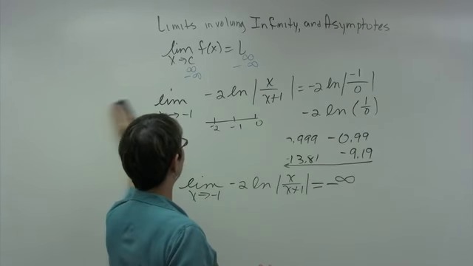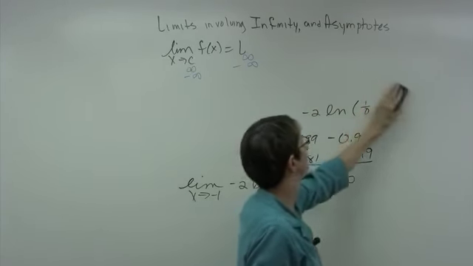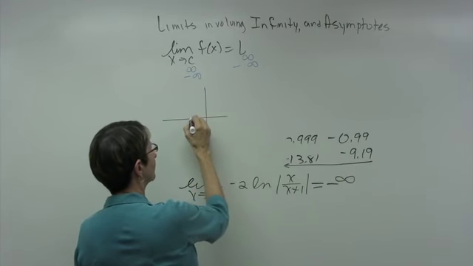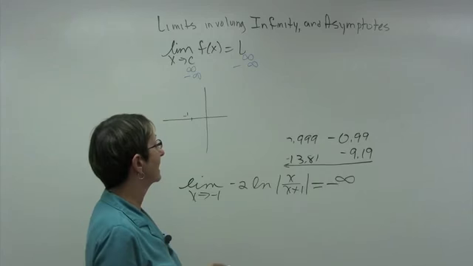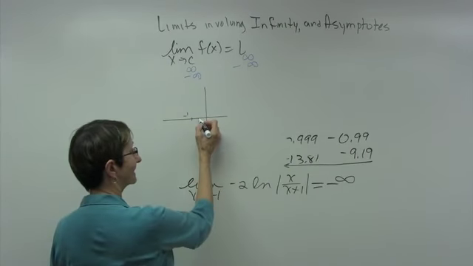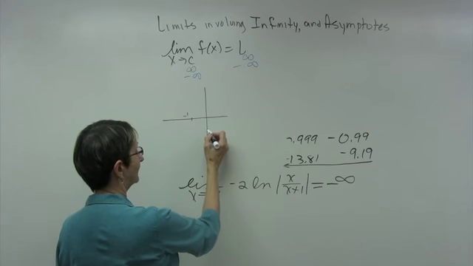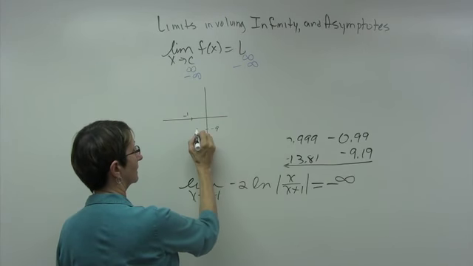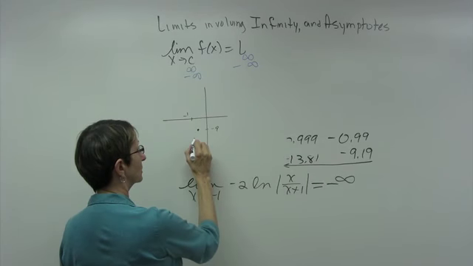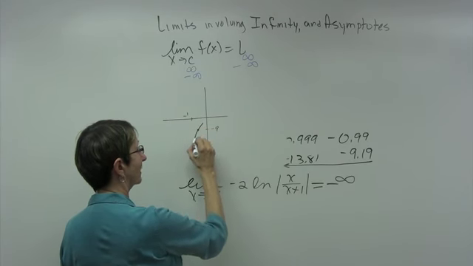Let's think about that a minute on a graph. Here's negative 1. Now, I have here at negative 0.99, which is on this side, I'm at negative 9. I might as well call that negative 9 right here. And when I got a little bit closer, I was at negative 13. So my numbers here are going down.